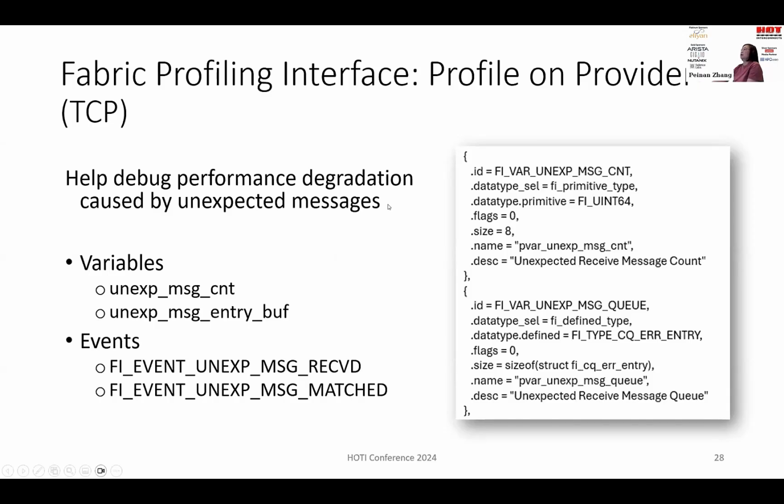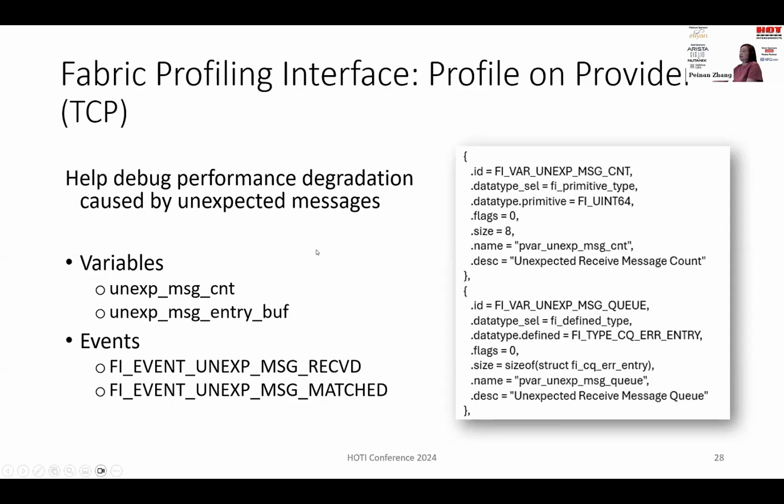The profile on the TCP provider intends to help debug the performance degradation caused by unexpected messages. Unexpected messages can occur in tag matching messaging, which matches the source send operation to the destination receive operation.